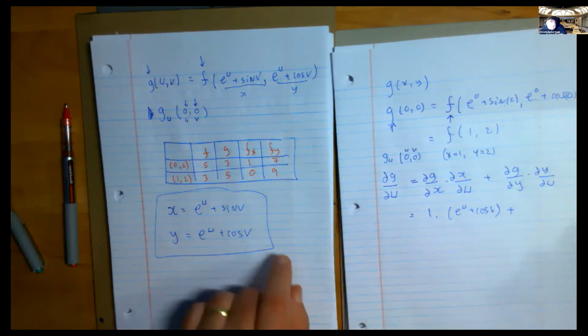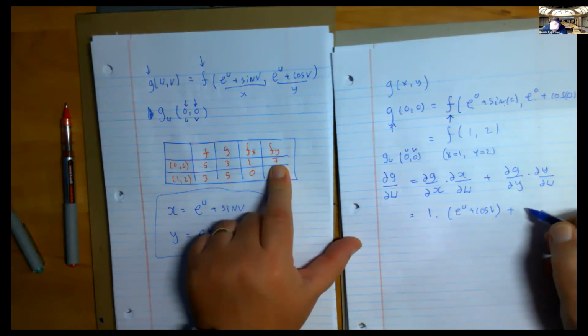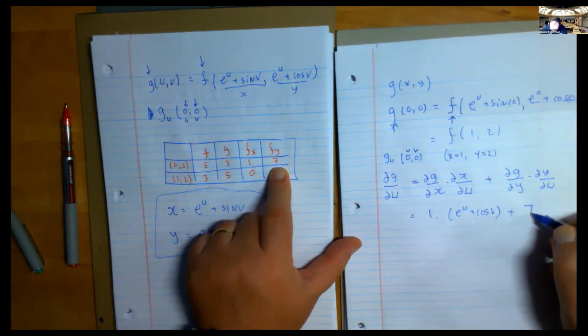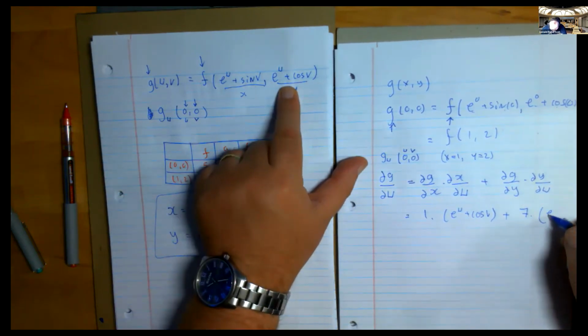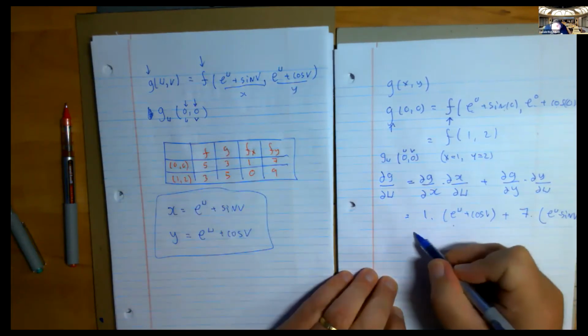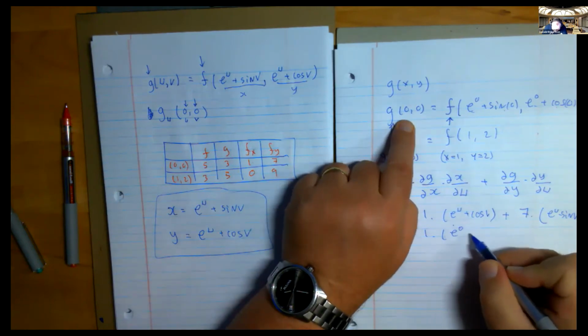And you want to do dg by dy, which is the same as this guy, which is 7. And then dy by du, which is going to be this guy's derivative, which is this. And then all I need to do is replace the u with 0.